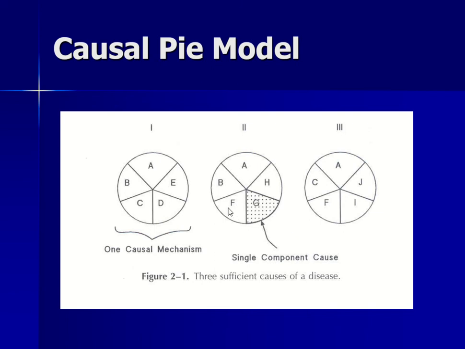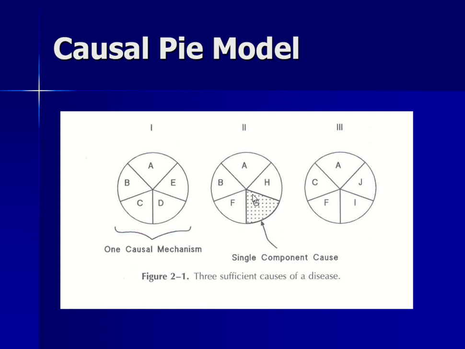However, if in the population you're studying, F does not exist, for example F is pollution, and the study is done in a place where there's no pollution, then F is deleted, hence the pie is not complete and is no longer a sufficient cause, and therefore it is not able to lead to the disease.